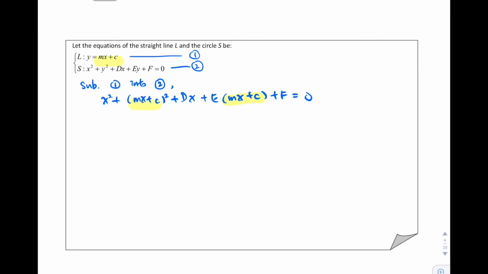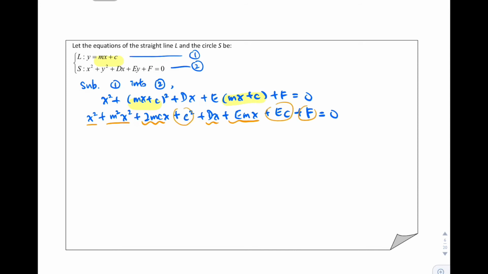Then we try to simplify these equations. These equations look complicated, but when you group the like terms, x squared terms, x term, and then the constant term, you have the following.